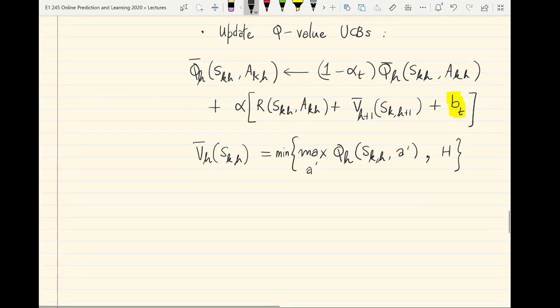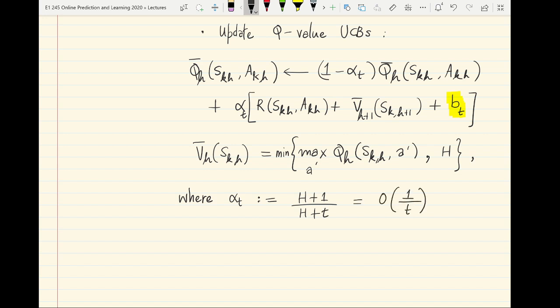Okay, so this is naturally truncating optimistic value function estimates beyond capital H to capital H. Okay, one last thing to specify is the step size alpha_t. So alpha_t is essentially decaying as 1 over t. Okay, so this is basically 1 over t.